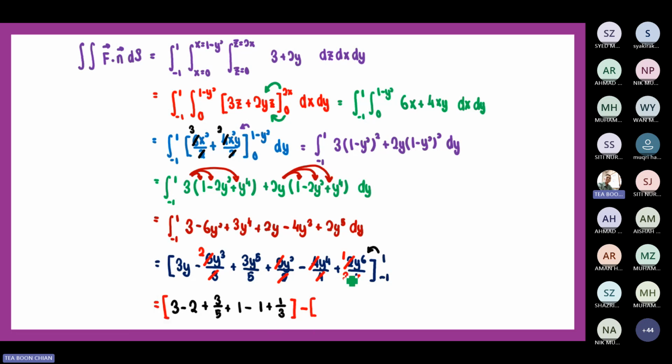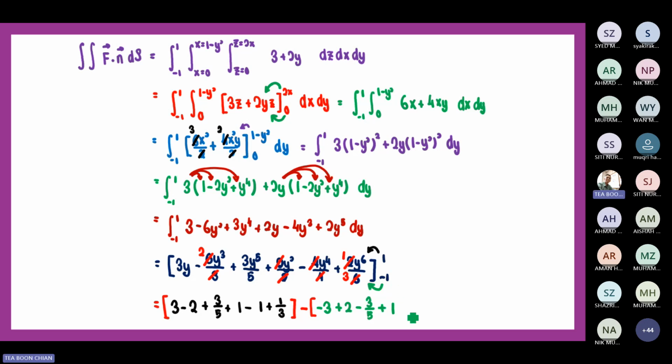For the lower limit, be careful. The lower limit is negative 1. Negative 1 raised to other powers will give negative values in some cases. So 3 multiply -1, this is -3. -1 power 3 is -1 multiplied by -2, so should be +2 here. -1 power 5 is -1, therefore -3 over 5. -1 squared is +1 here.